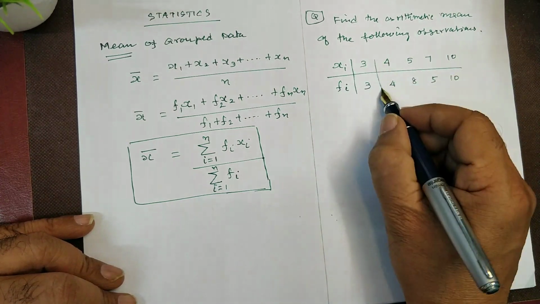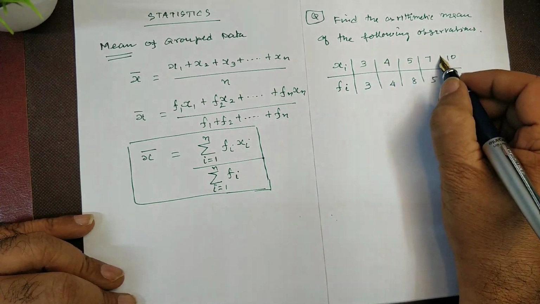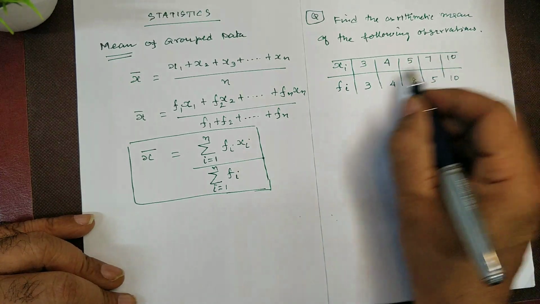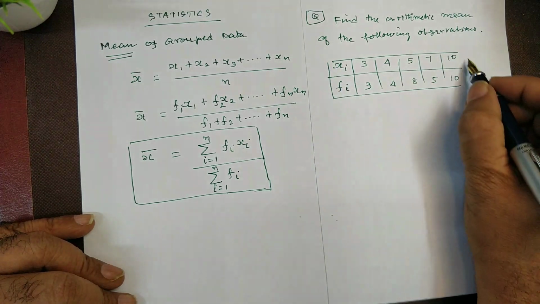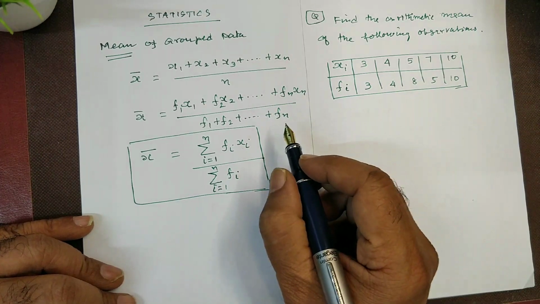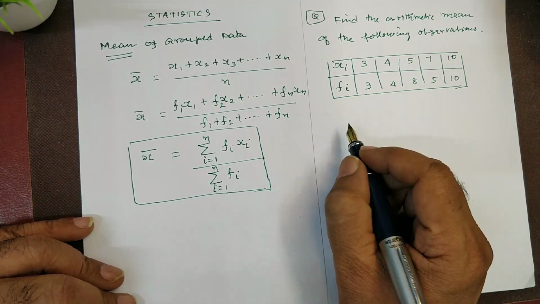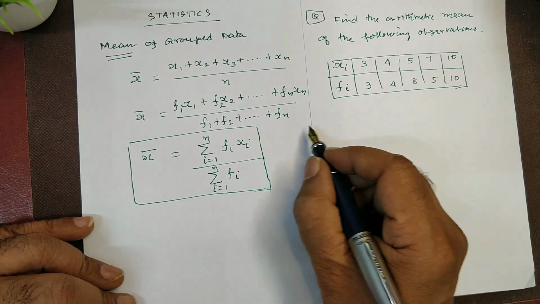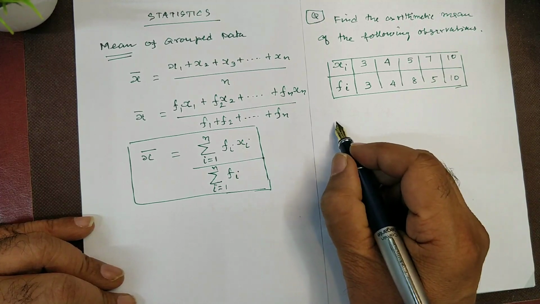So let us draw this as a table. Now we have to convert this into the following table.